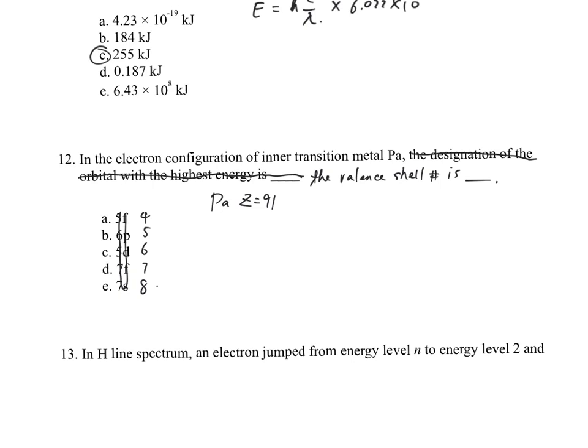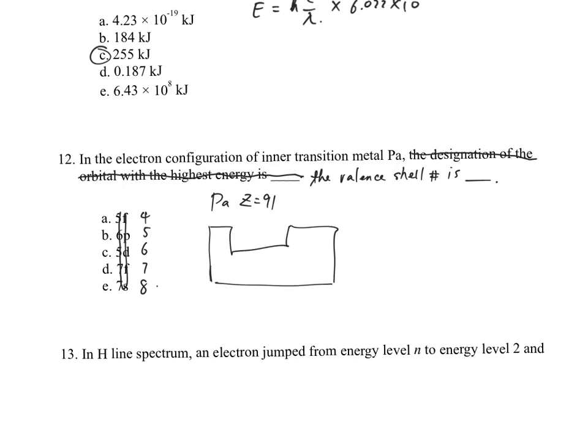Your valence shell is the highest number. So what is the shell with the highest number? If you place Pa into the periodic table, although it's in the f area, if you follow the numbers, number 91 comes right after 90 in your periodic table.